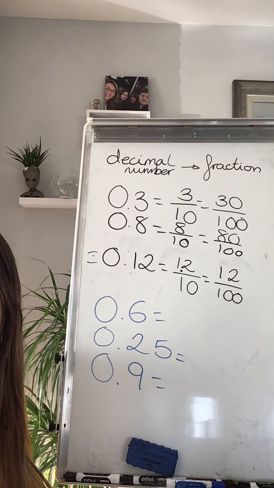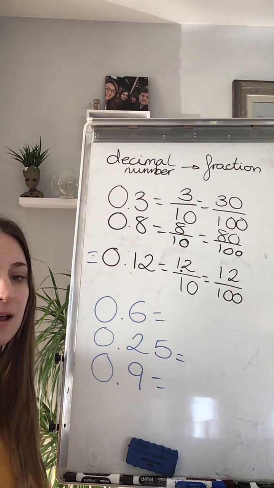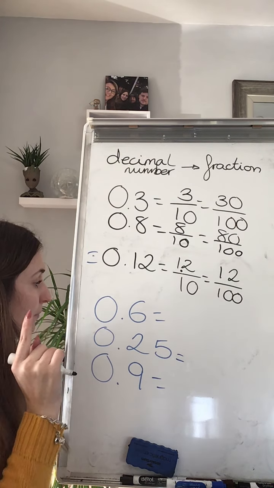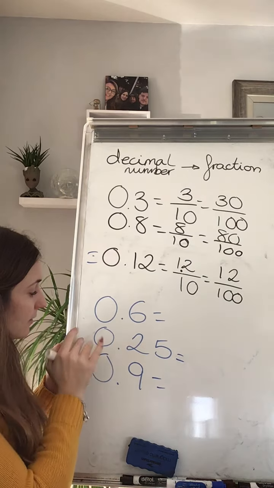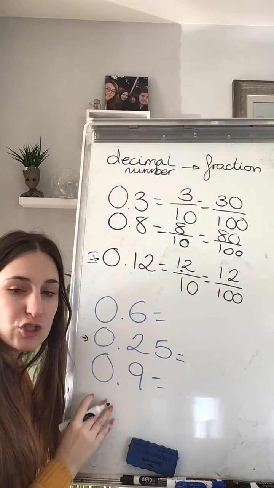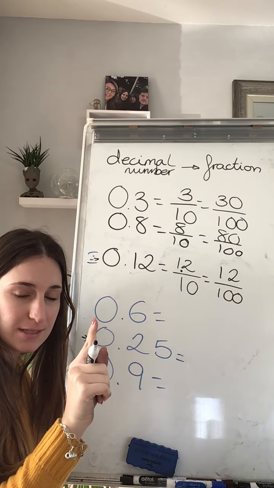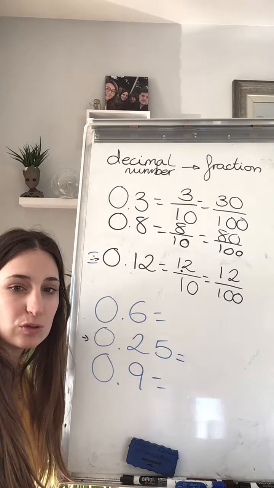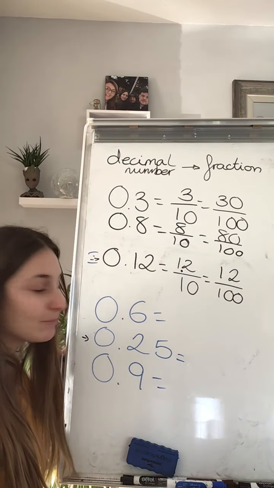Go for it, pause the video, play it again, and we can correct it together. Don't worry if you're getting these ones wrong, because we are going to be focusing today's lesson on one decimal place. But I wanted you to see that it's really simple, okay, even with two. Have a go, play it again, ready?